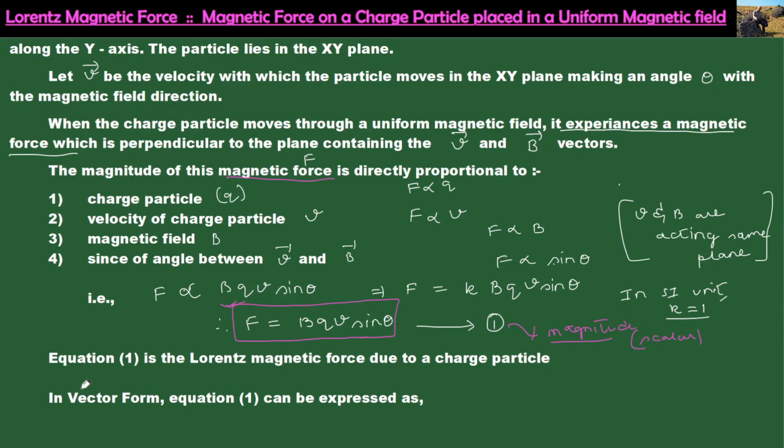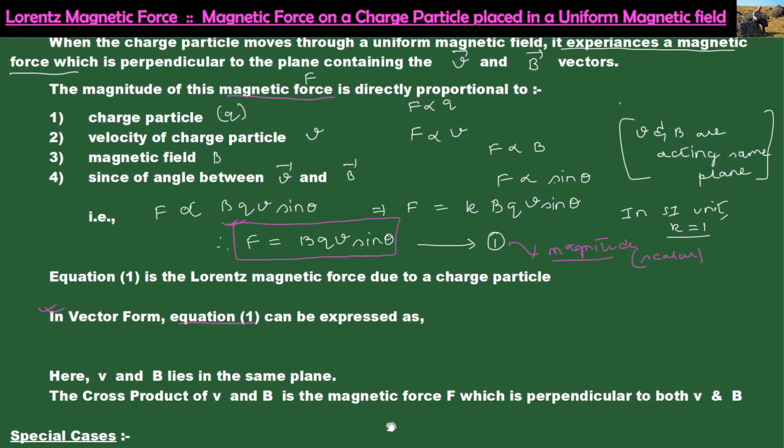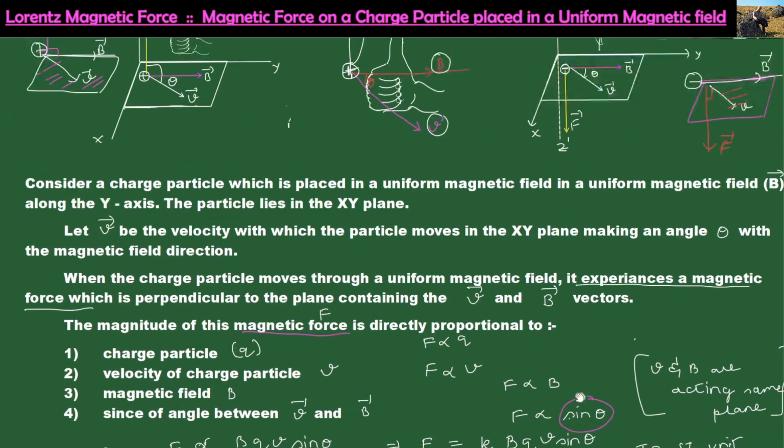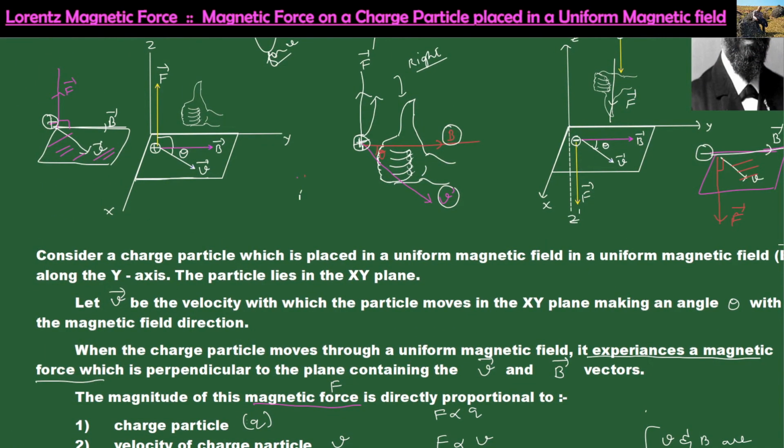But if you want to express equation 1 in vector form, you have to introduce the cross product, since we have the sine of the angle. This sine gives me an idea about the cross product. From this diagram, it is obvious that the velocity vector is in this direction and the magnetic field vector is in this direction.